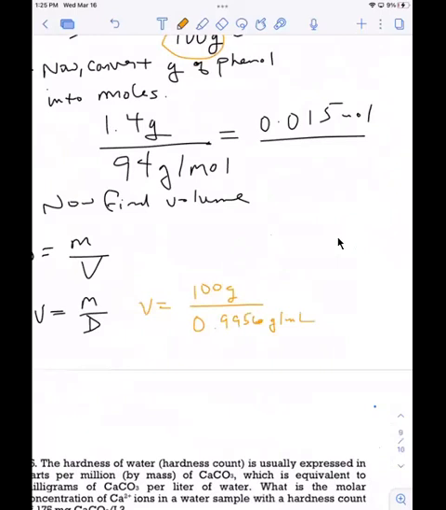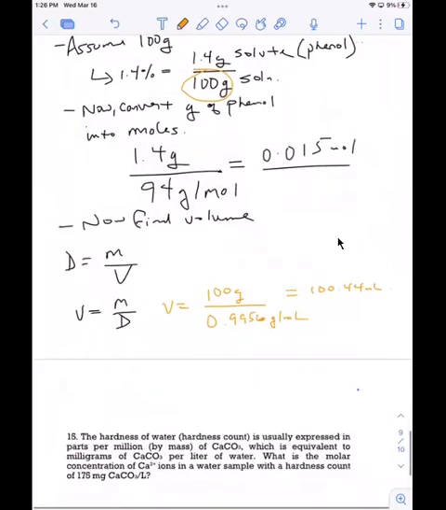So we can do that calculation real quick. Anybody got it yet? I got 100.44. All right. What's the problem now? You're right. And all of this is right.